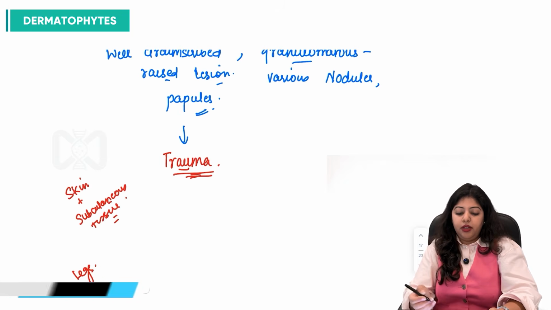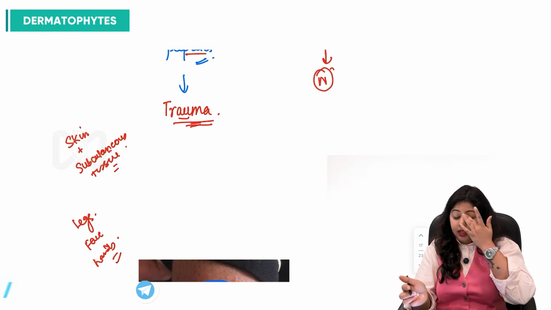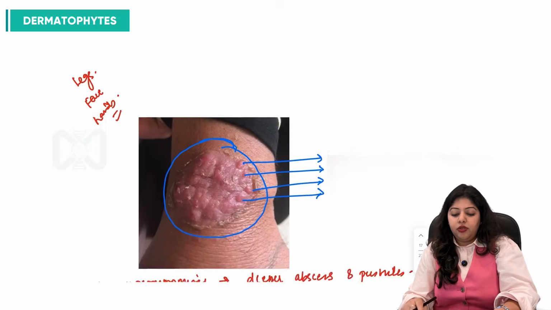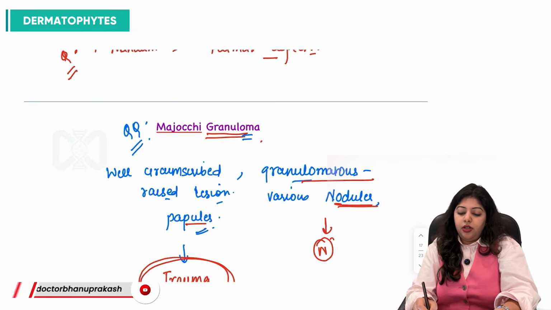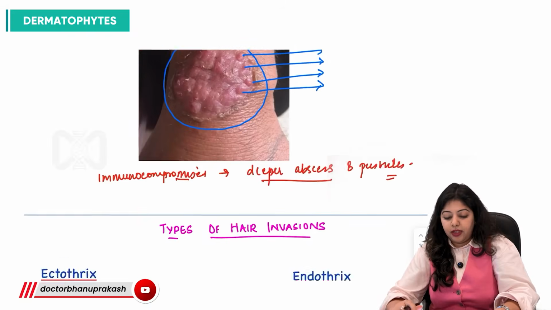In normal individuals, these will be associated with nodular raised granulomatous lesions, and are associated with trauma initially, right? So this is a question, mycology granuloma, which gets asked from dermatophytes.